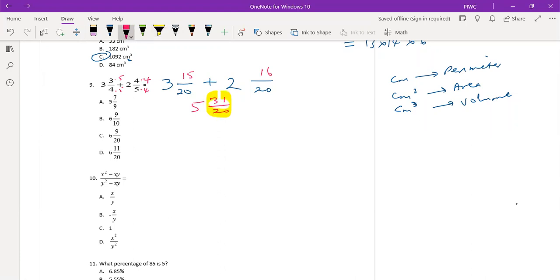So we're going to divide 20 into 31. That's 1 time 20, subtract, 11. So we have one whole number, 11 out of 20 parts left. Okay, so you're going to add the 1 to the 5, so that we'll have 6 whole numbers and then 11 out of 20. Okay, so the answer should be D.